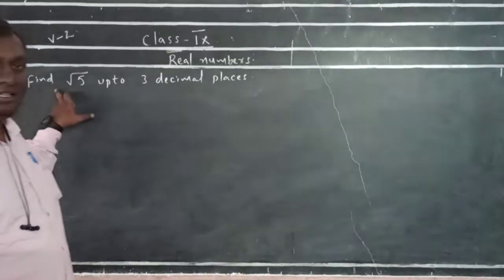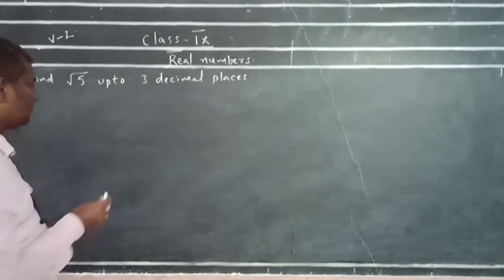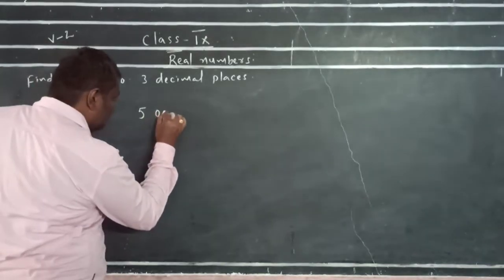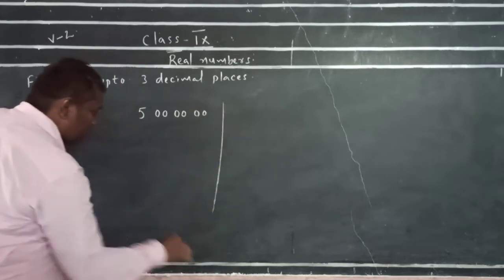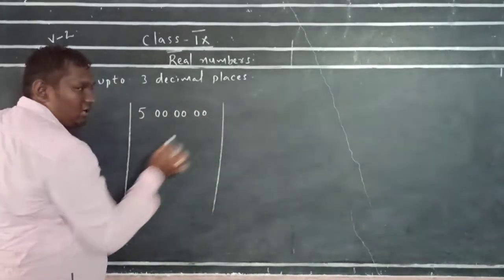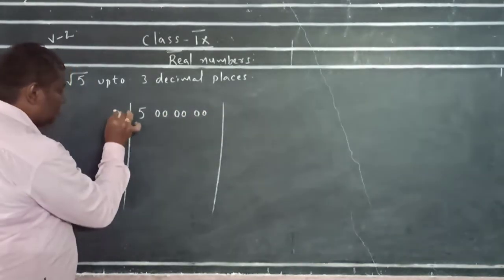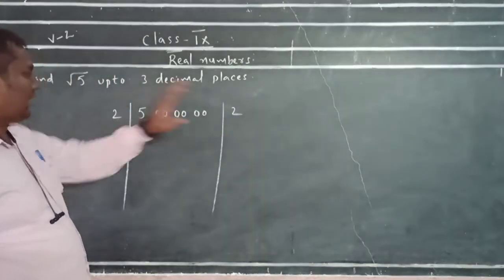So here, find the root 5 up to 3 decimals. That's why I am taking 3 sets. Here 1 ones are 1. 2 twos are 4. 3 threes is 9, which is a bigger number.